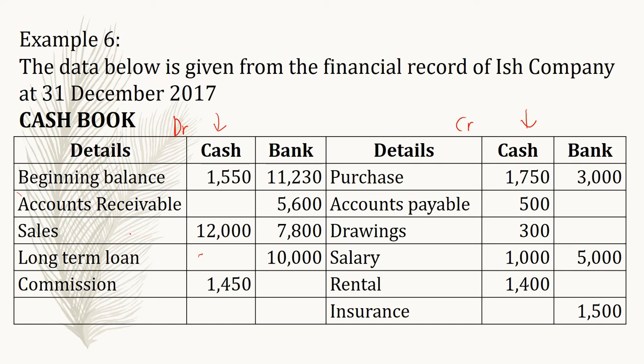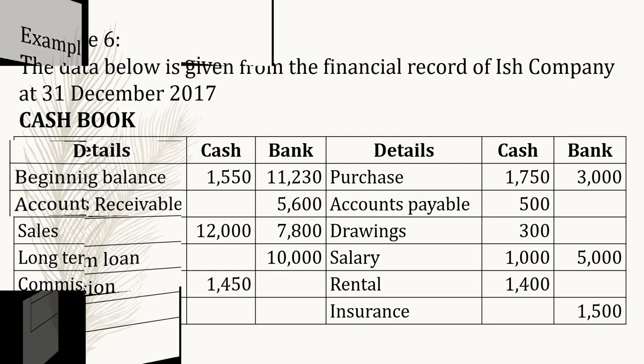You have your cash sales, and your long-term loans, that means you applied for a loan and received the money. Then you have commission received, which is revenue, and you also have drawings, salaries, rental and insurance.